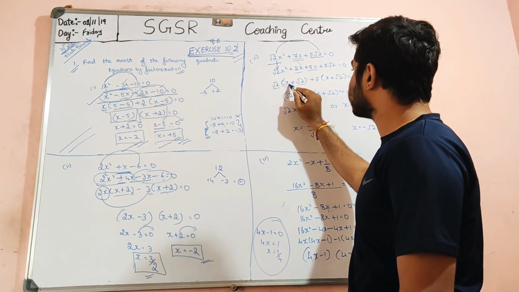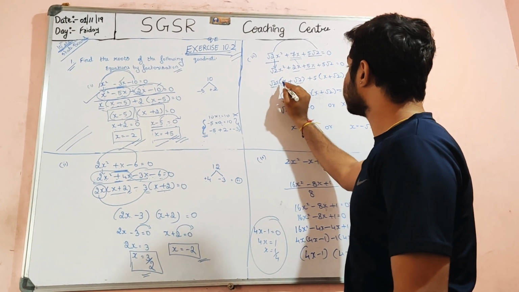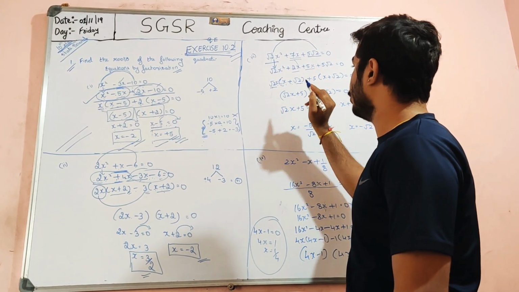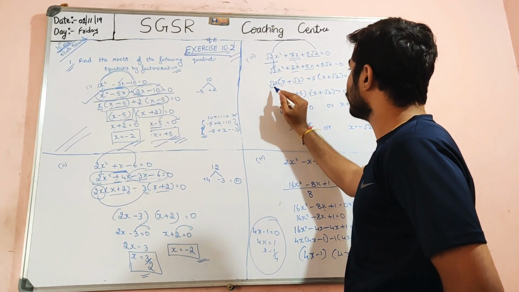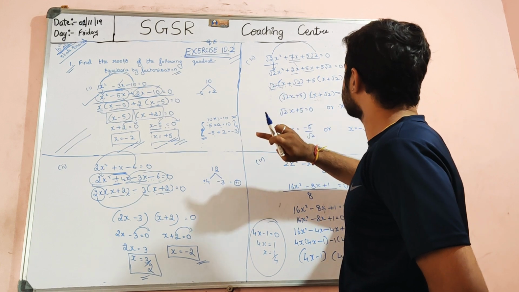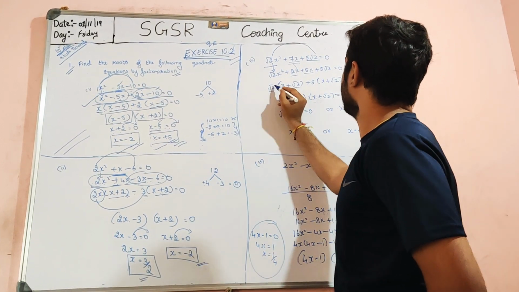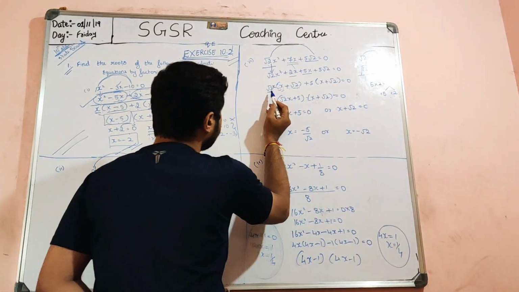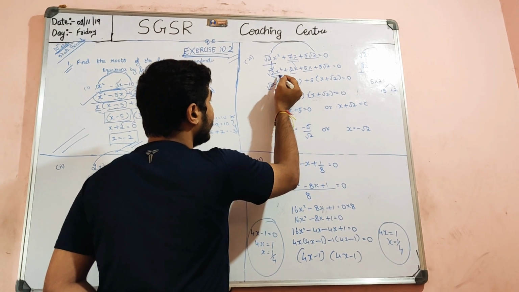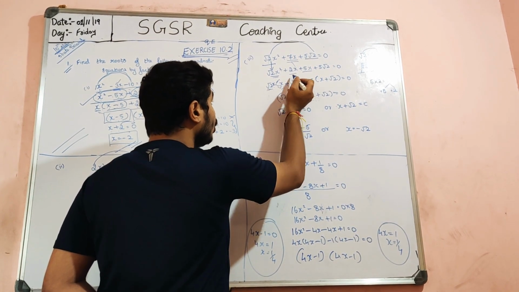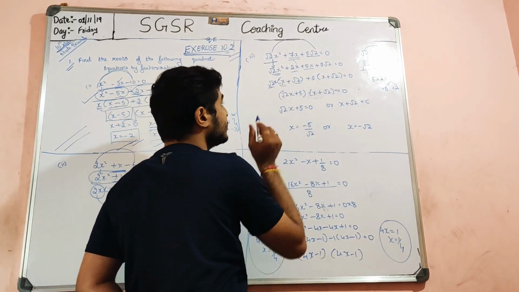Root 2x common, into x plus root 2. So root 2x into x becomes root 2 x square. In the same way, root 2 into root 2 is nothing but 2, so 2 into x is 2x.